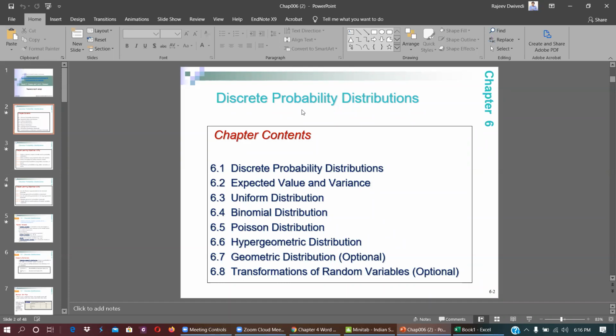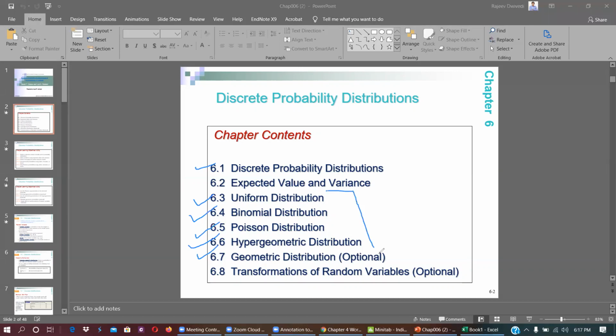Continuous can be any decimal point as well. So in this chapter, we have distributions called uniform distribution, binomial, Poisson, hypergeometric, geometric. Similarly, you will see distributions in continuous. So how many? 1, 2, 3, 4, 5. Then you have expected value and variance.